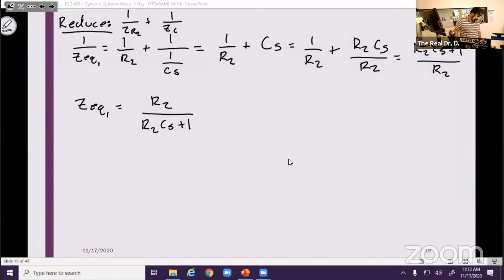Z1 EQ. So what can I do now, right? Well, I'm going to redraw my circuit really quick. So here's ES. Well, you know what? Since we have impedances on the board, let's make this E sub S of S, right? And I've got this impedance, and I'm going to draw my impedance, and it's going to look just like a resistor, which is not confusing at all, so don't worry about it.